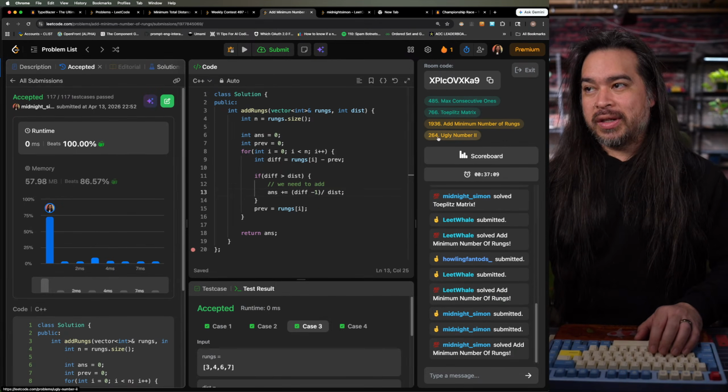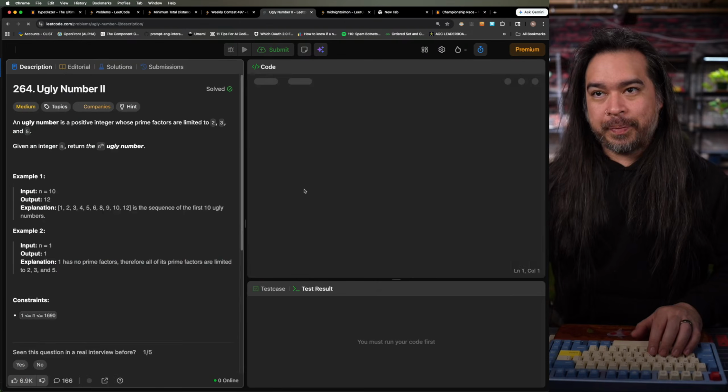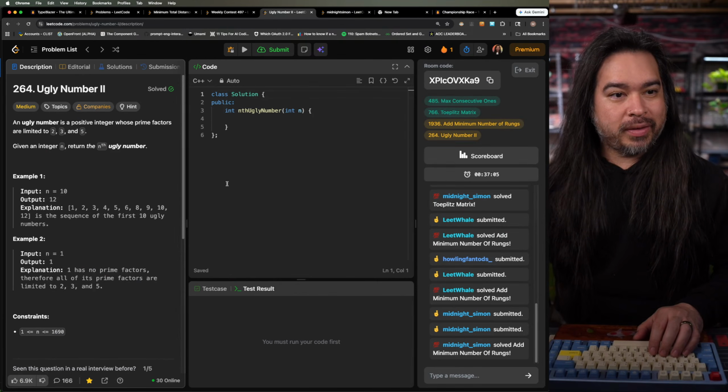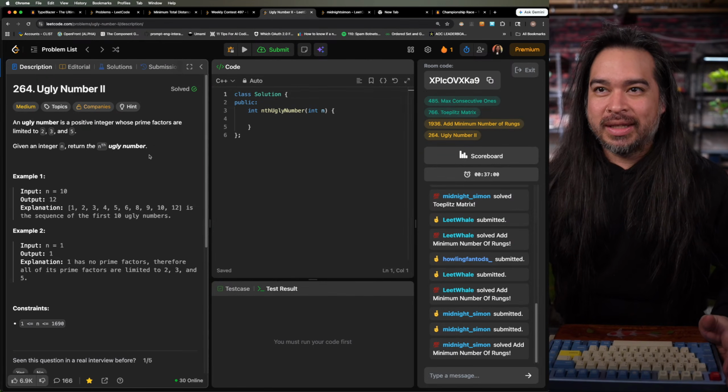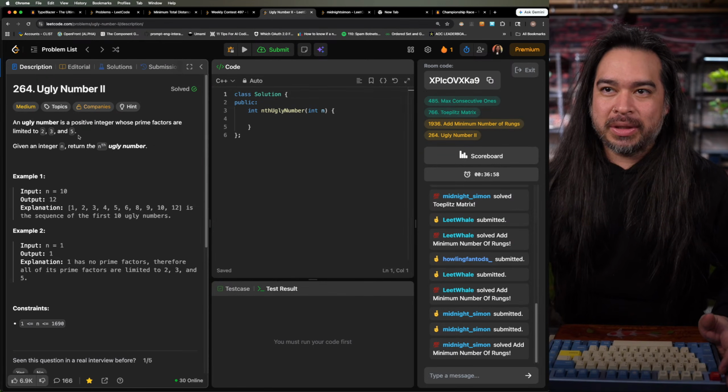What's next? Ugly number part 2. I've already solved these, but it's all good. An ugly number is a positive integer whose prime factors are limited to 2, 3, and 5.